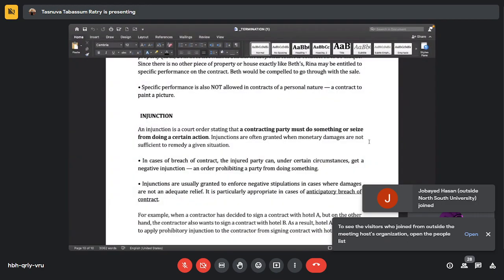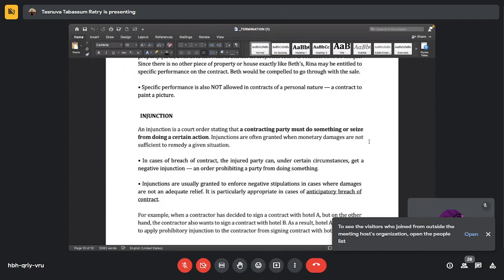So, in situations where the court prohibits a contracting party from doing a certain action, or gives an order to the party, we call that an injunction. Injunctions are often granted when the court thinks that monetary damages are not sufficient to remedy the given situations. So, whenever there's a breach of contract, the injured party, under certain circumstances, can get an order prohibiting a party from doing something.